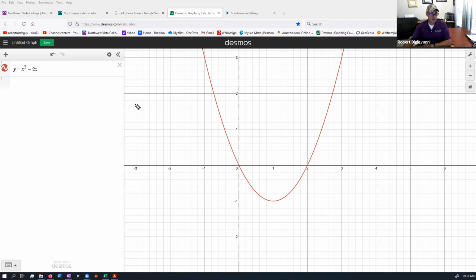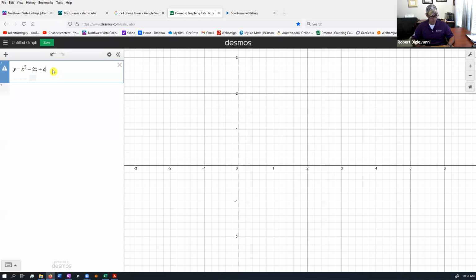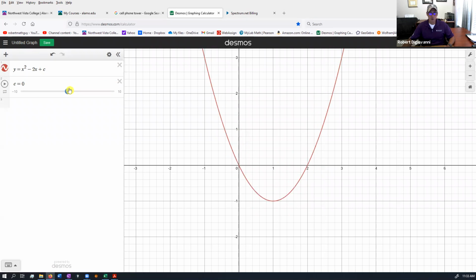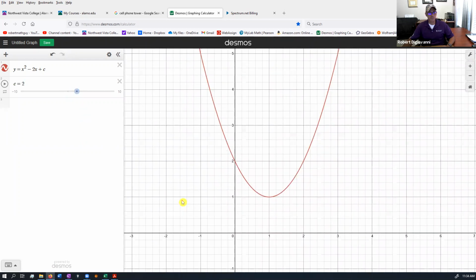But what if I change things? So here's where we were, something like that. What if I were to make it a different parabola that did that? Do we have a vertex?